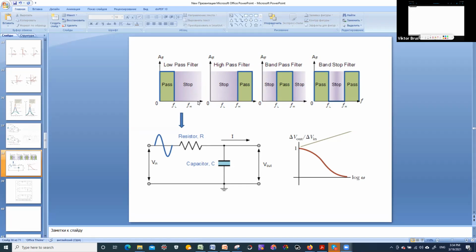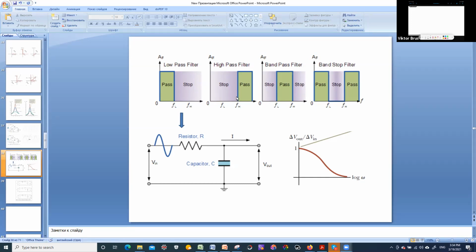If there is another requirement, we can use a high pass filter. A high pass filter allows us to pass only high frequencies from some cutoff frequency to, in general, let's say infinity, but obviously that's exaggerated, so to some very high frequencies present in the spectrum.